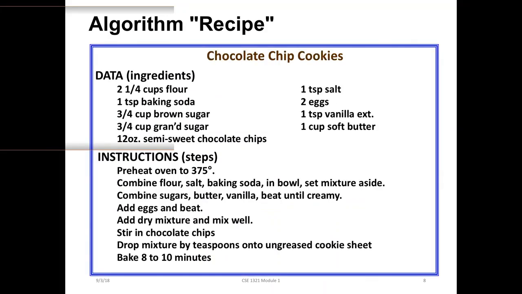For instance, this is a recipe algorithm: how to make chocolate chip cookies. Can you please see the data here, or ingredients? It has 2 eggs. It has some milk.